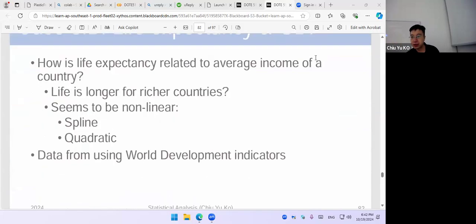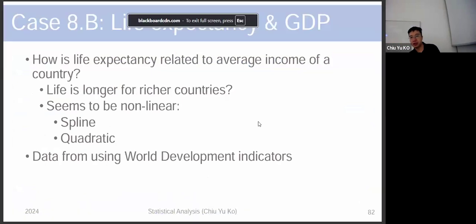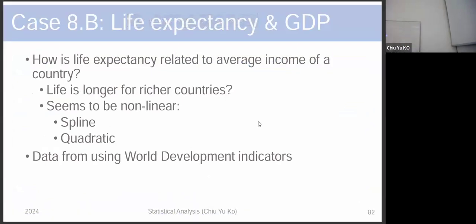So the example is based on the following study of cross-country data on life expectancy and average income. Okay, so it's a very standard thing. It's trying to see if people live longer in which country.